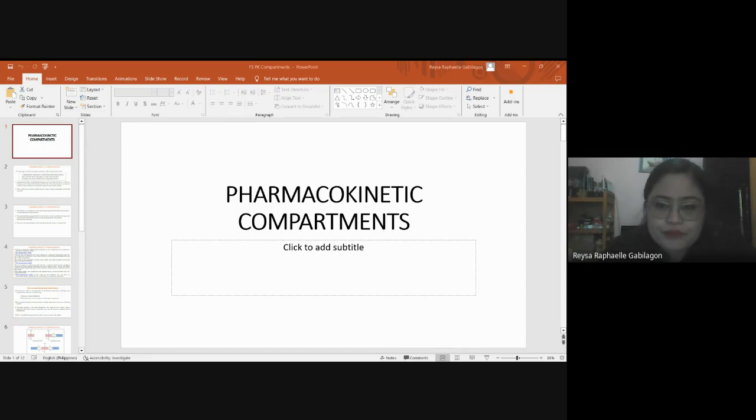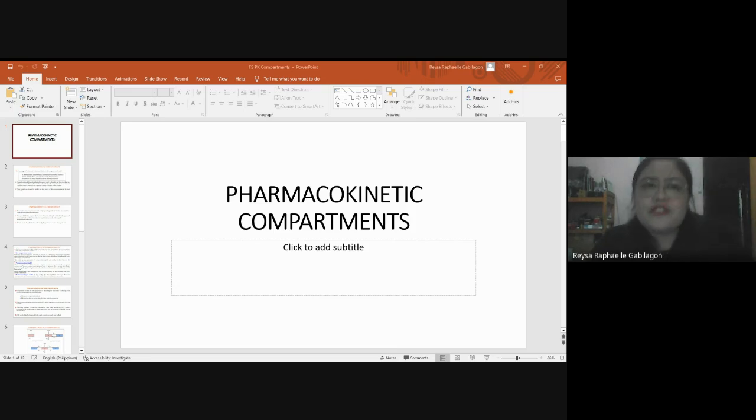So for the multi-compartment model, the drug syempre will distribute to more than one compartment, and then we will have lots of rates of drug distribution here, as well as lots of rates of excretion or elimination of the drug.